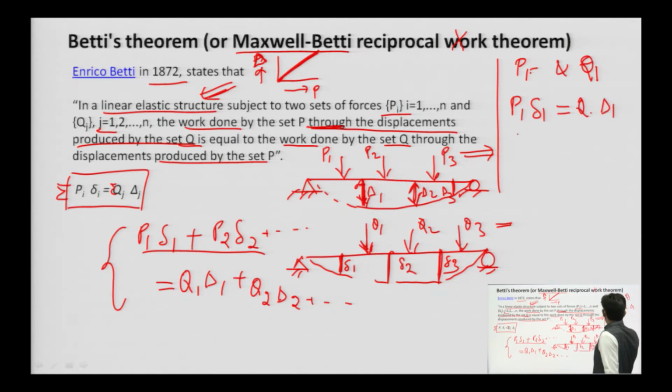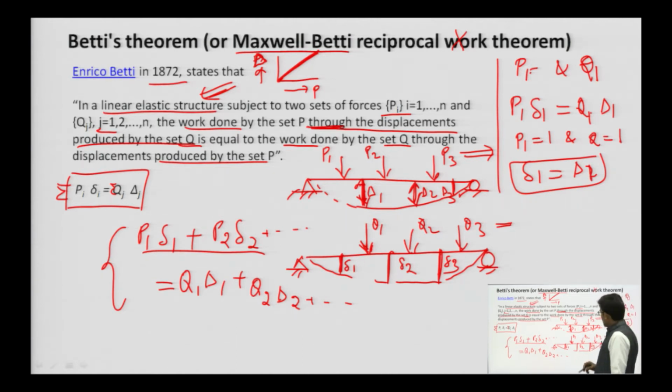Now, if P1 is equal to 1 and Q1 is also equal to 1, then small del 1 equals del 1. So, what is it? It is Maxwell's theorem. Del 1 is equal to del 2.